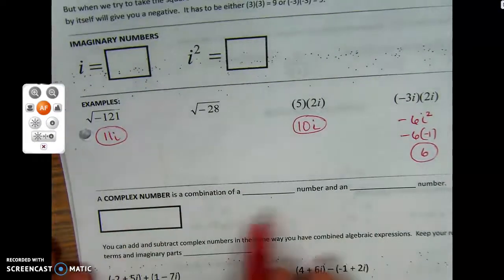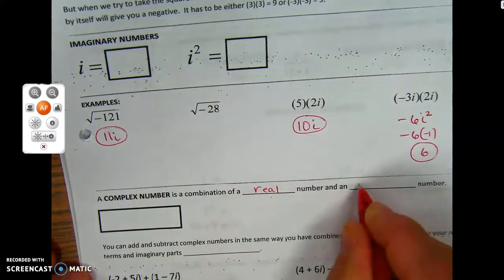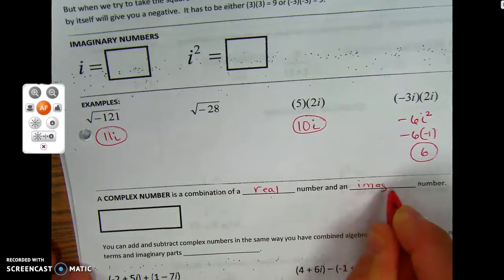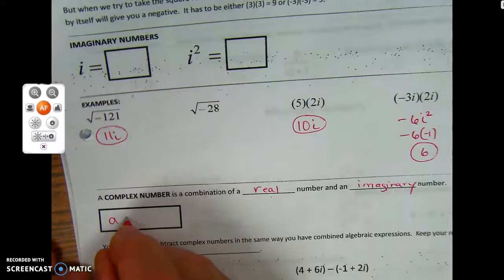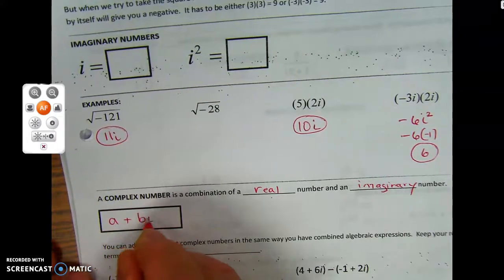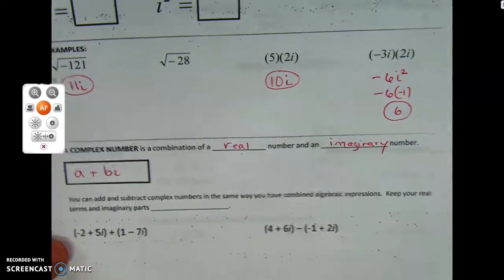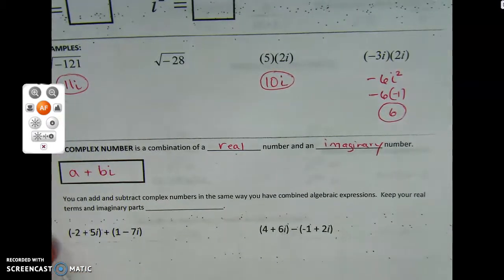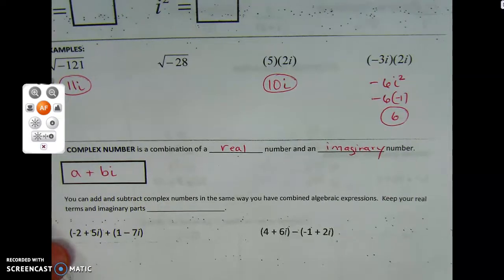We just talked about complex numbers when you combine a real and an imaginary number. You get a complex number, a plus or minus bi. We'll just go with plus for now. You can add and subtract complex numbers, keep your real terms together and your imaginary parts together.